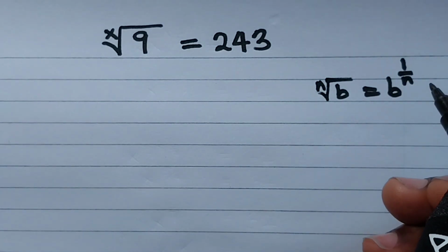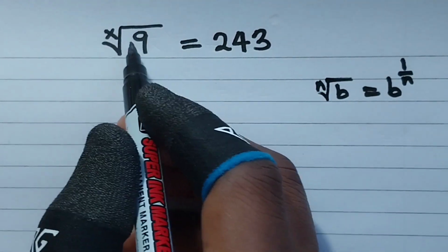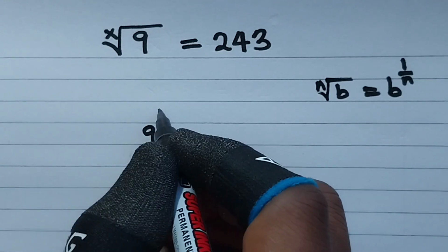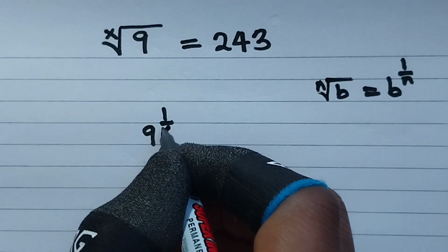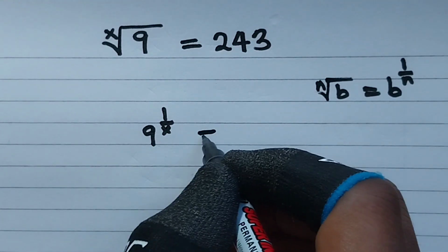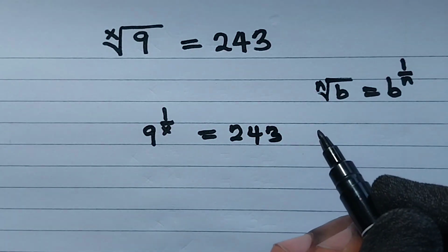That's what I mean to say. So having the x root of 9 simply means we can change this to give us 9 raised to power 1 over x. So with that, our work is already done because we've already gotten the backbone of that question.